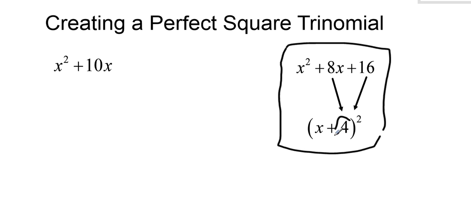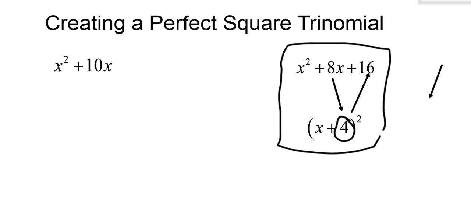That this number 4, again, it's half of 8, and 4 squared is 16. So instead of thinking half of 8 and the square root, what I prefer to do is think of this as half of 8 is 4, and 4 squared is 16. And that's why I like to talk about both creating and factoring at the same time, because that number 4 is important.